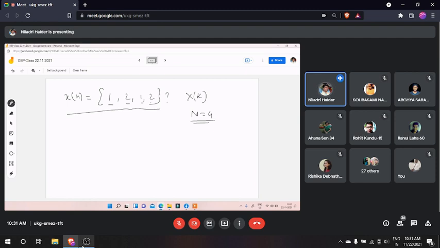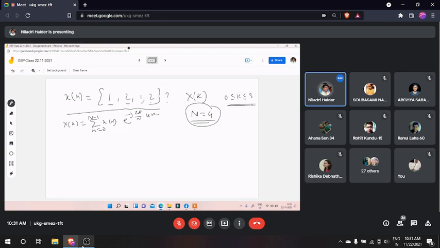Okay, so from the formula you know, X k equal to summation n equal to 0 to capital N minus 1 x n e to the power minus j 2 pi by N k n. Okay, so as N equal to 4, k will also vary for a range of 4 samples, meaning from 0 to 3.